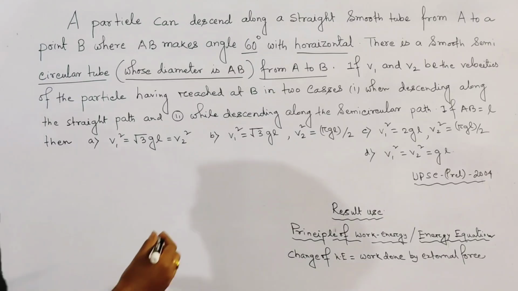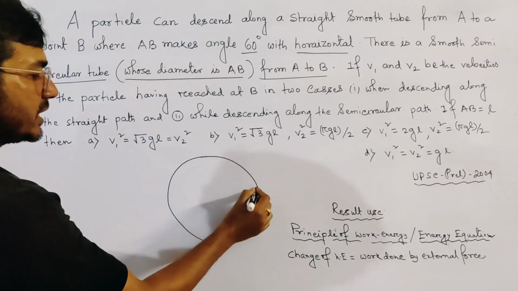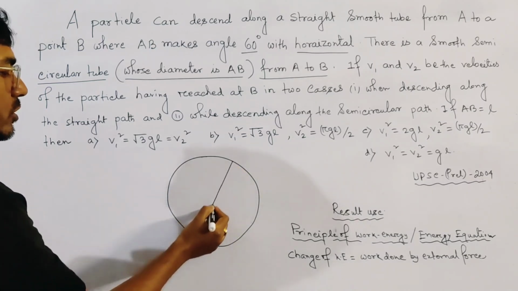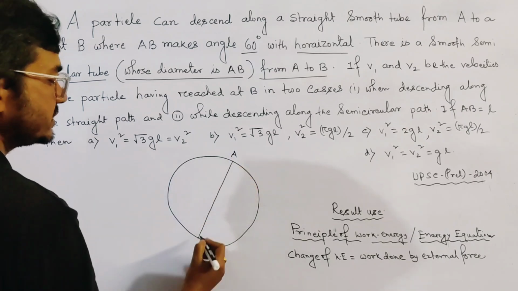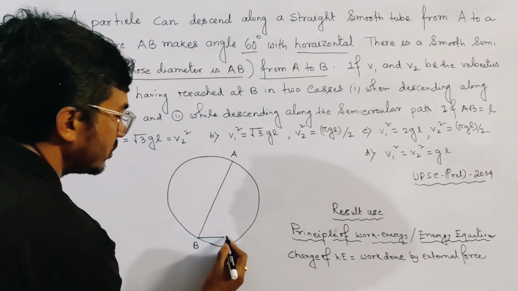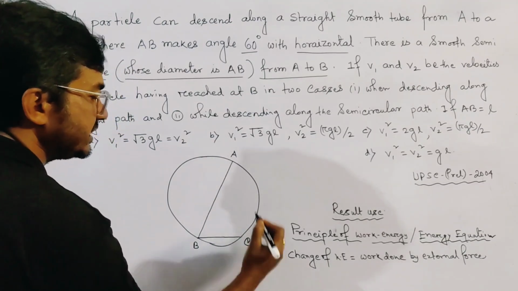Okay, so we first draw a complete circle, and now we draw a semicircle. This is A, this is B, and we draw the horizontal line. This is horizontal, let this be BC.